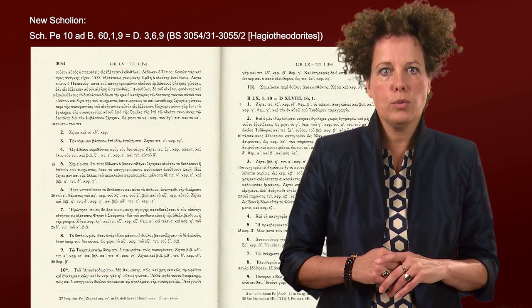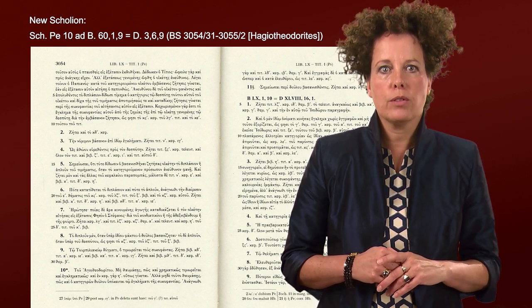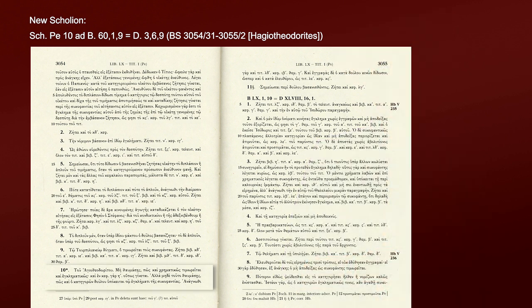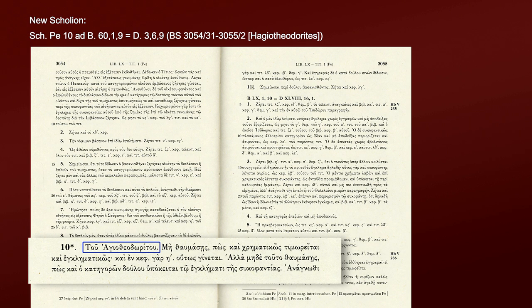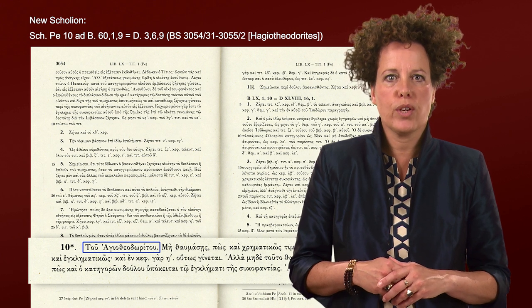Firstly, the headings of new scholia. Just like the old scholia, we can recognize the new scholia by the name of the person at the beginning of the remark. This scholion stems from Hagio Theodoritus. Other jurists in the headings of new scholia are, for example, Nomophilox or Nikaios. The second characteristic is the use of reference.